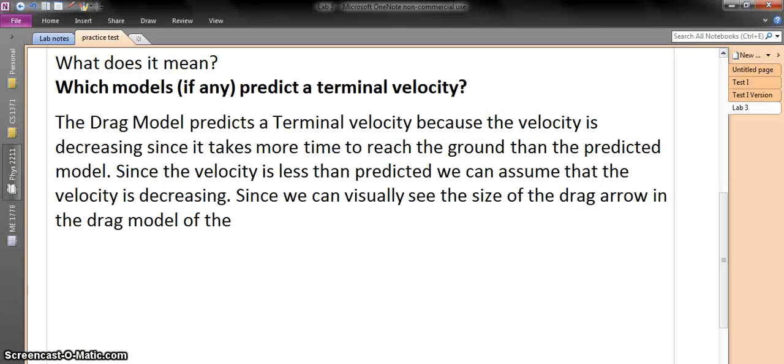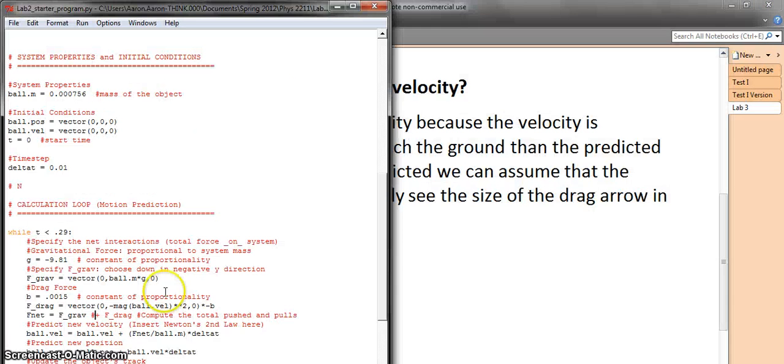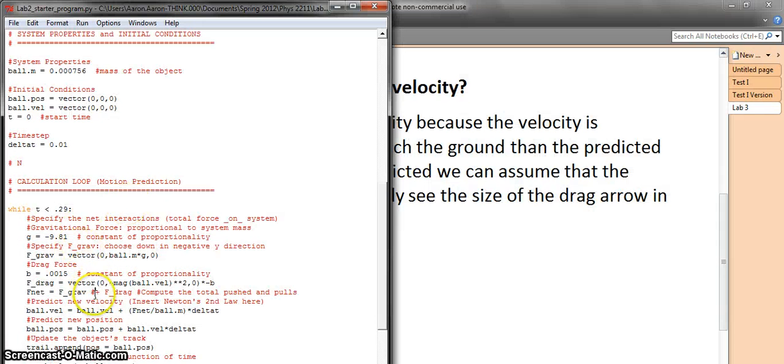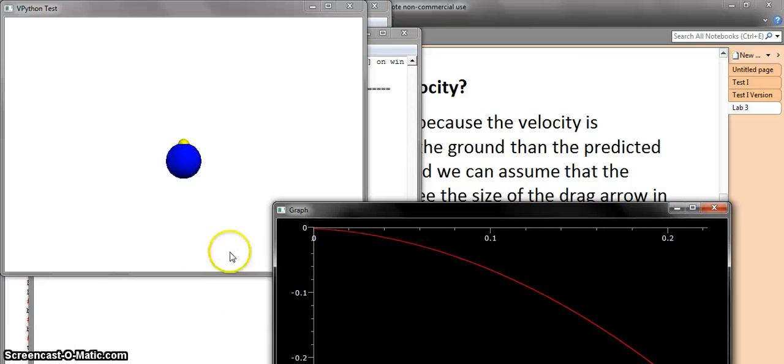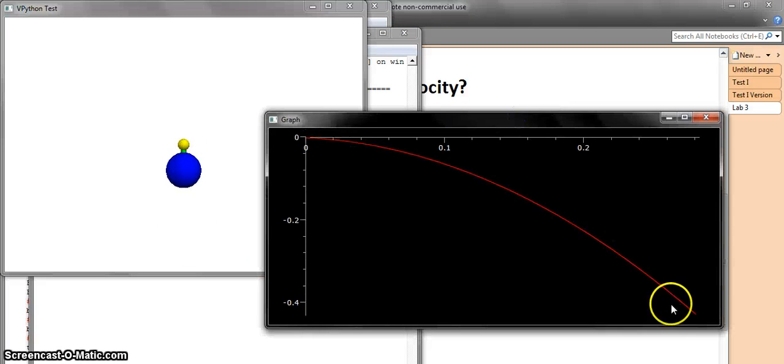So what does it mean? Which models, if any, predict a terminal velocity for the slower moving object? So first, let's look at the tissue minus the force of drag, without the force of drag acting upon it. The graph doesn't demonstrate any terminal velocity.